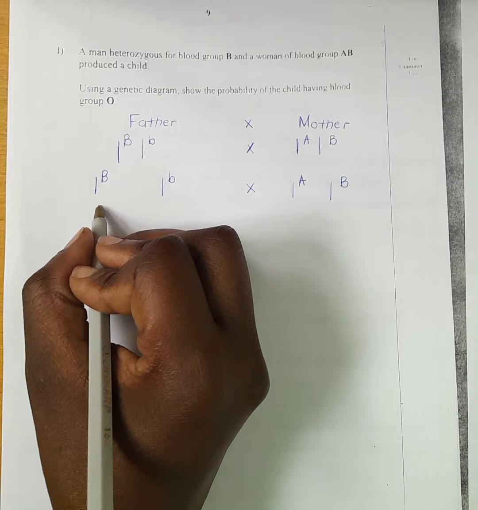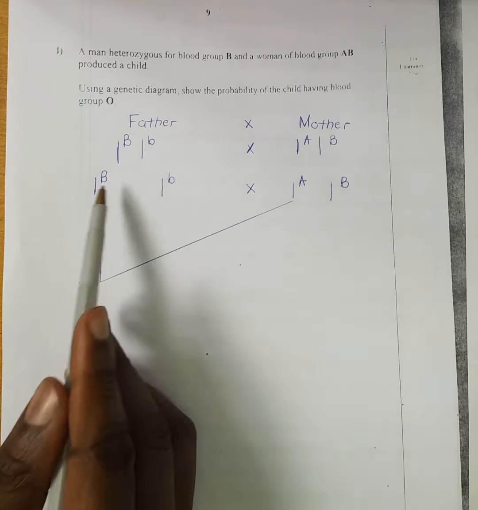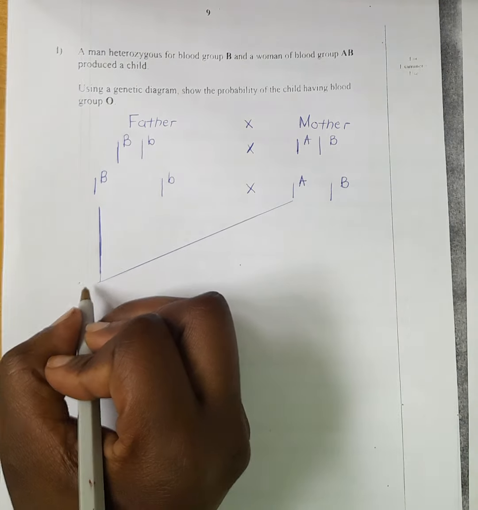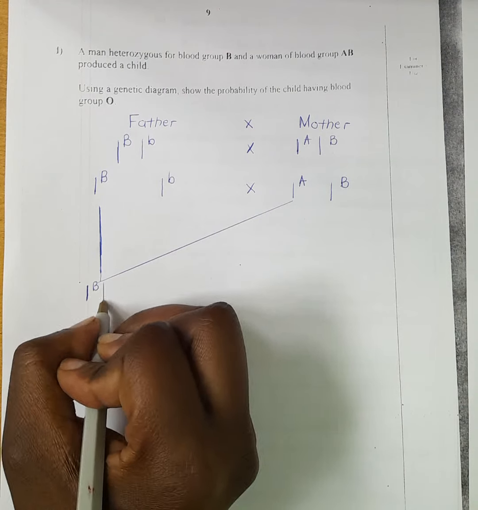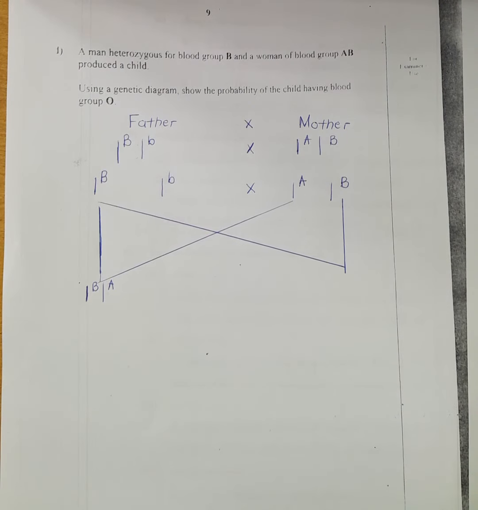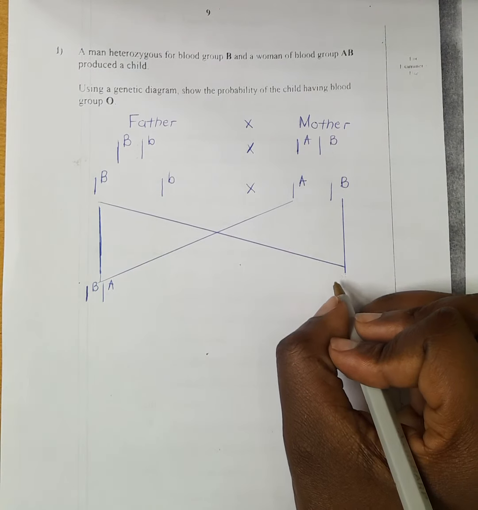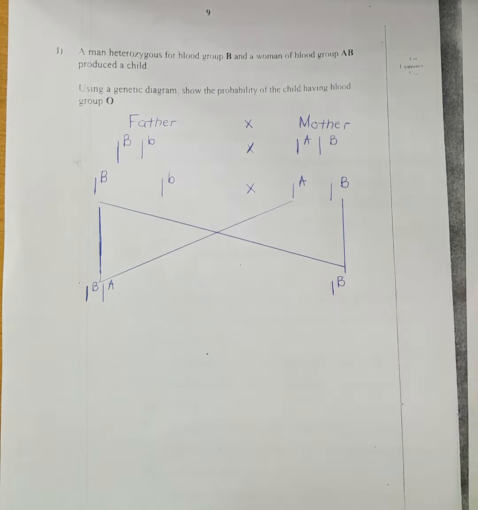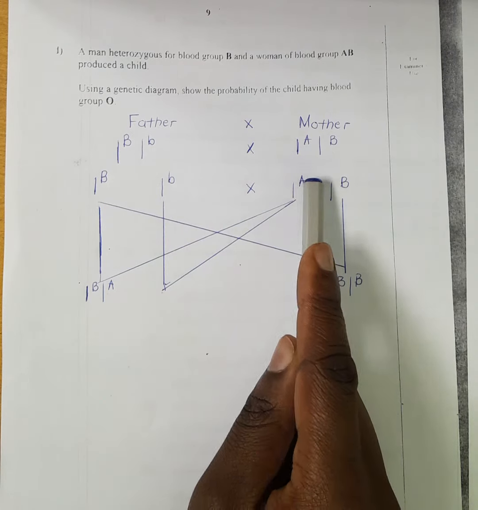And then after that, we are going to do the genetic cross diagram. So let's say this B and this A meet. We are going to have a child with blood group BA. So if we have this B and this B meeting, we are going to have a child having homozygous B. Let's say we are having this I^B and this I^A meeting.